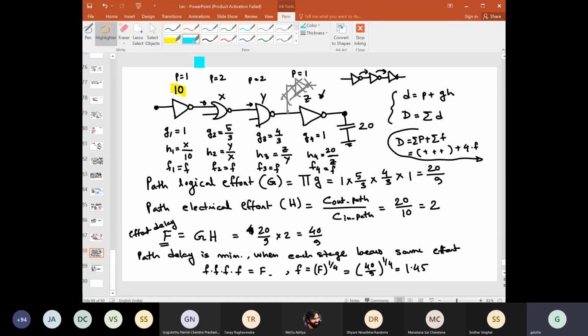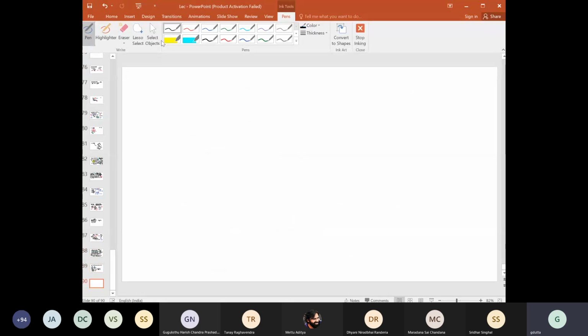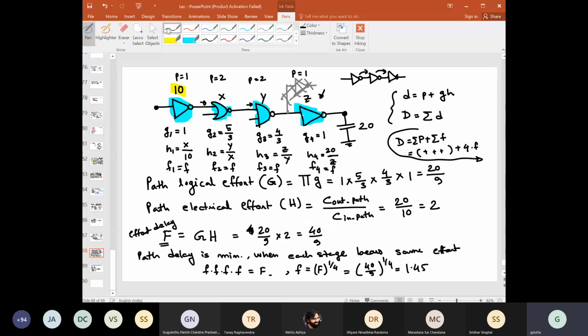Now we have to focus on the values of the transistor widths for this and this. Even if you want it for this, that is also fine, right? Transistor sizes we need to find. So let us start from this Z. Then we'll come from this right side to this left side.